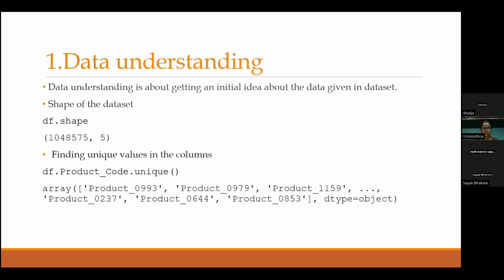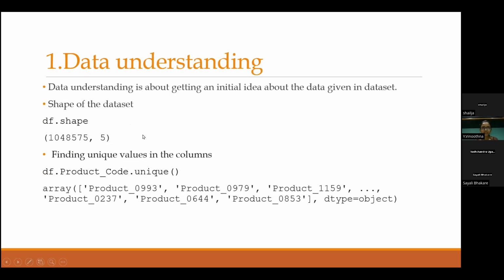Before building any machine learning model, we need to understand the data. I mean, we have to get an initial idea about the data in the dataset. For that, I have found the size of the dataset by using shape. The dataset has 5 columns and 10 lakh 48,575 rows.